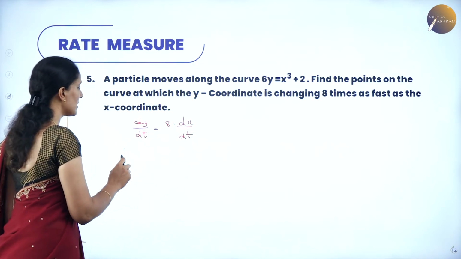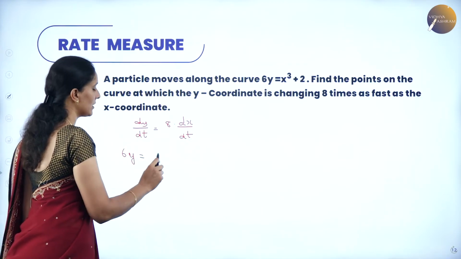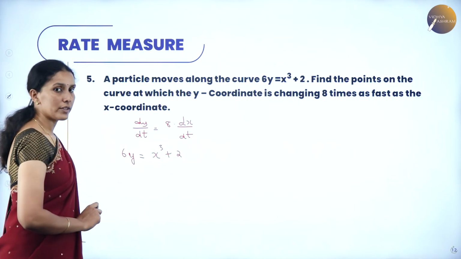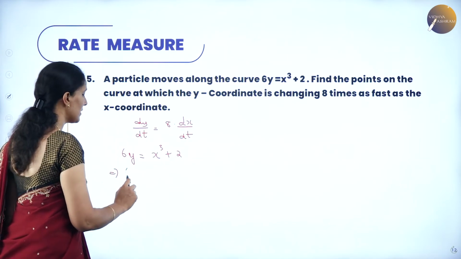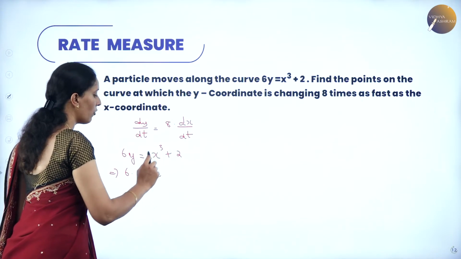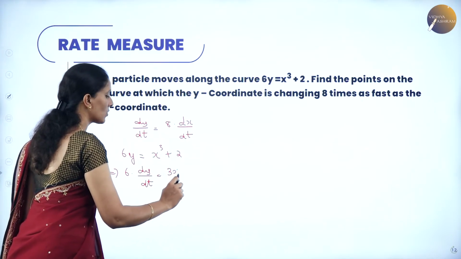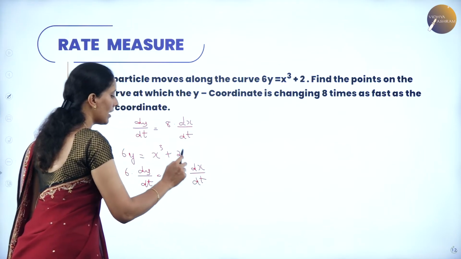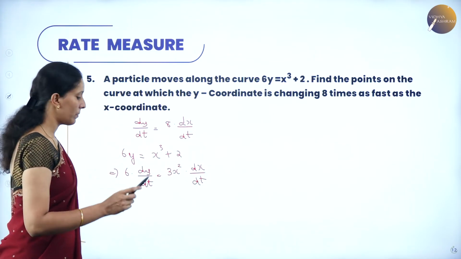Now the equation is given here, 6y is equal to x cube plus 2. Let us differentiate this with respect to t. Then this implies 6 into dy by dt equals the derivative of x cube, which is 3x square, with respect to t meaning dx by dt, and the derivative of 2 is a constant, which becomes 0.